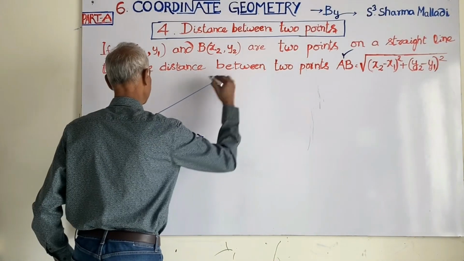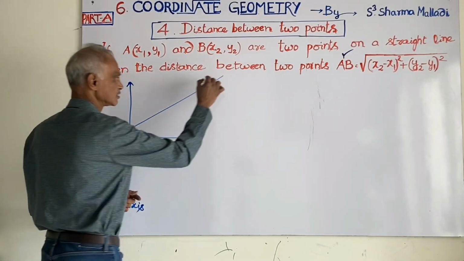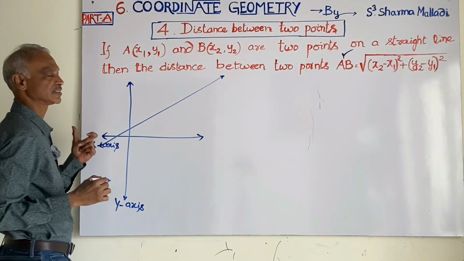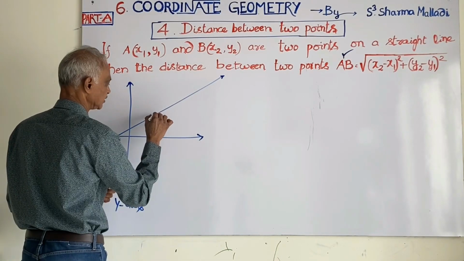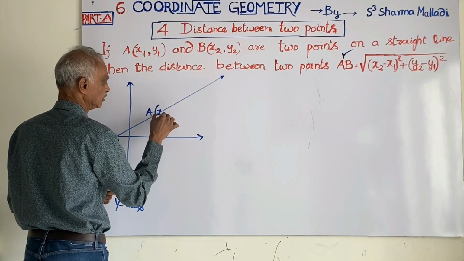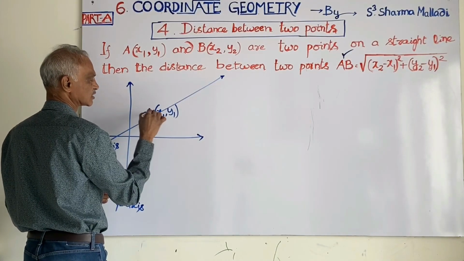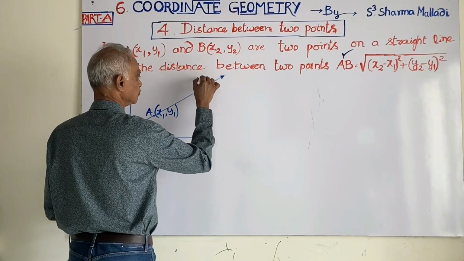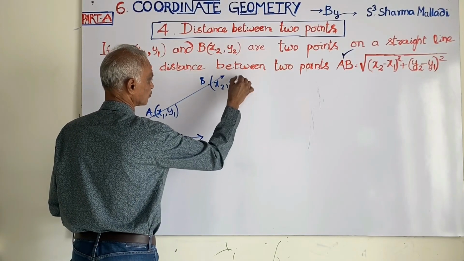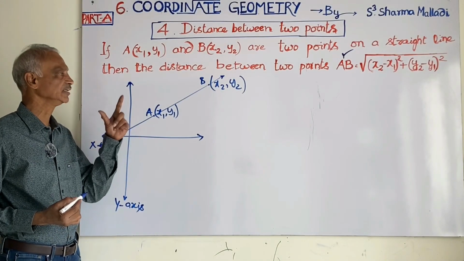You take point A, that is (x1, y1). You take a point B, that is (x2, y2). I have to take 2 points on a straight line, that is (x1, y1) and (x2, y2).